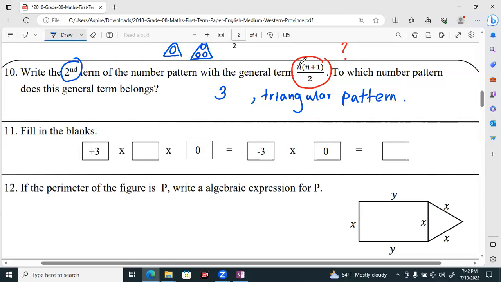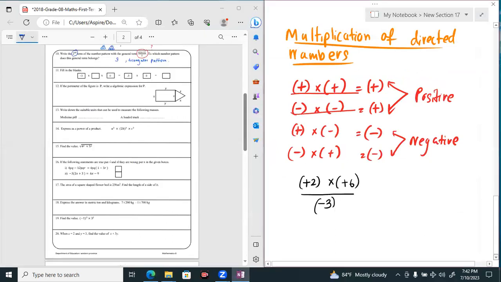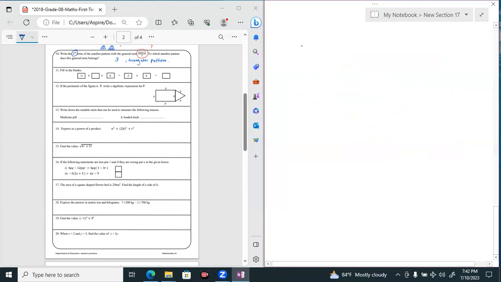What is the general term of the even number pattern? Can you remember? 2n. Very good. What is the general term of the odd number pattern? 2n minus 1. What is the general term of the square number pattern? n squared. Even number pattern, it is 2n.